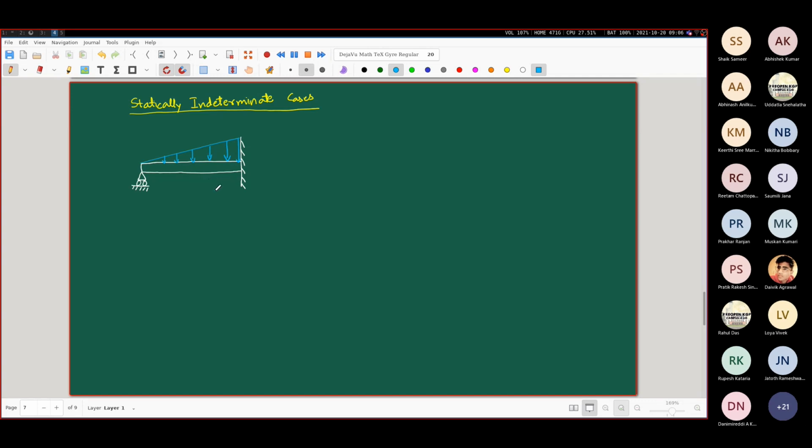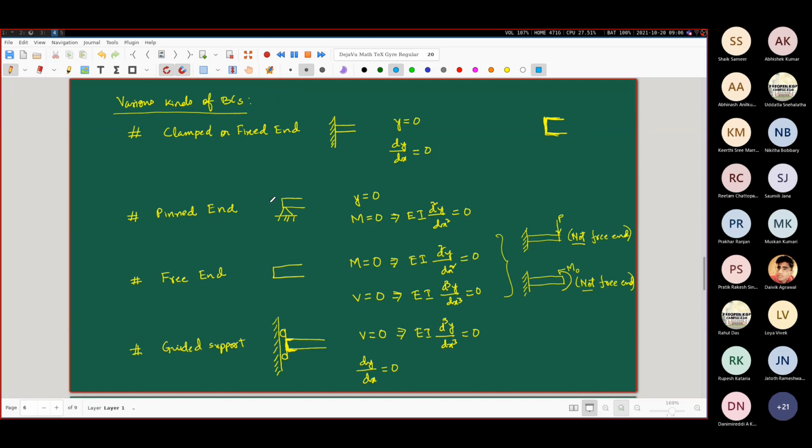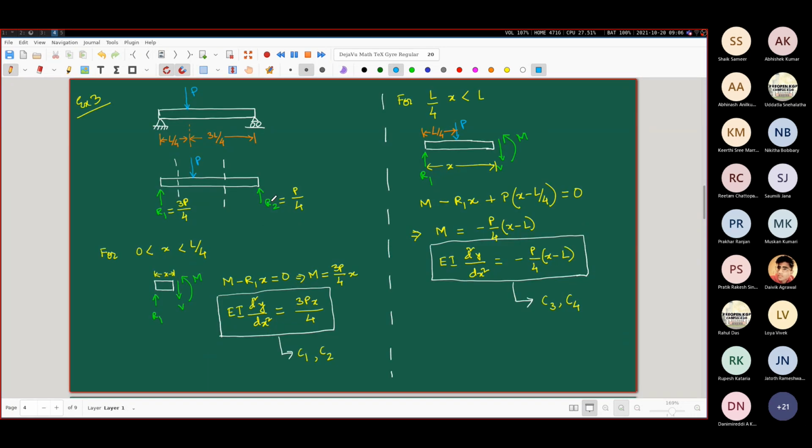If we compare this with our previous problems, there is immediately one big difference at the very outset. Consider this problem: the first step in solving it was to determine the unknown reaction forces present at the two ends, which we found as R1 equal to 3P/4 and R2 equal to P/4.